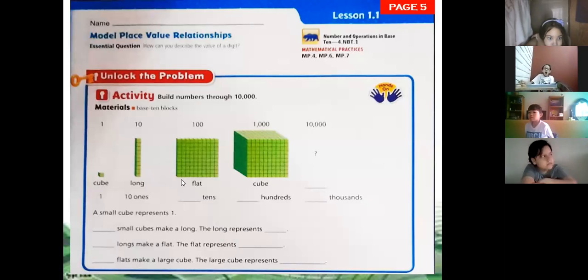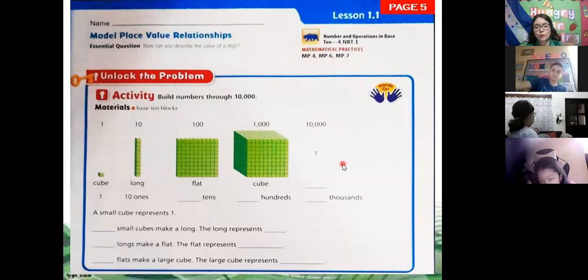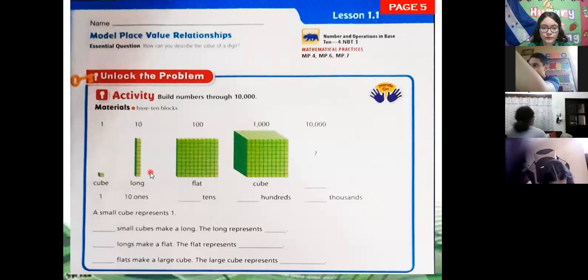So the first part of the page looks like this. First we have to unlock problems. Remember that we're talking about how the value of a number depends on where it is located. For example here, build the numbers through 10 thousandths using the base 10 blocks.